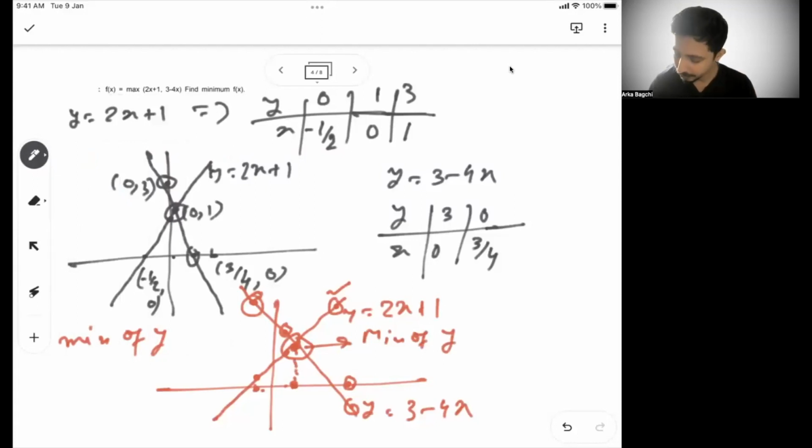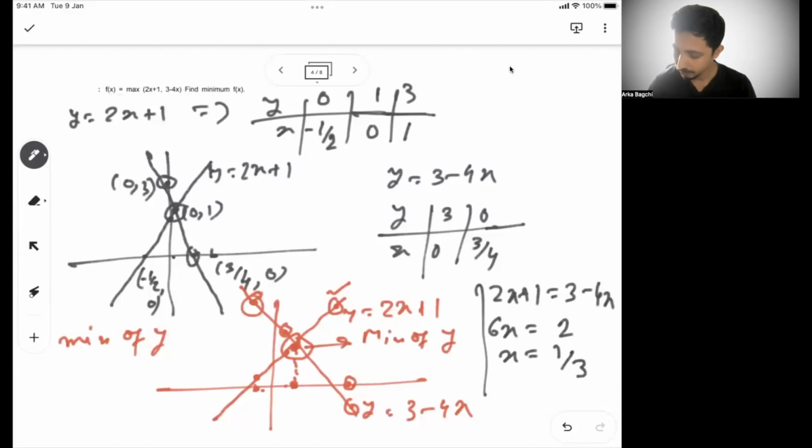Intersection point means it has to be equated. So 2x plus 1 must be equal to 3 minus 4x. So that is 6x is equal to 2, or x is equal to 1/3.